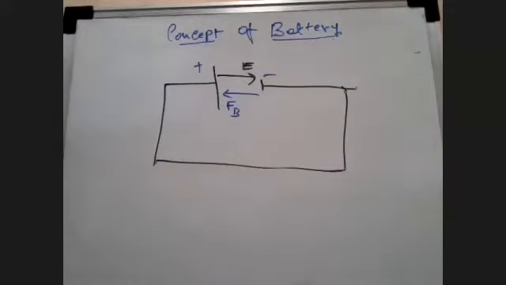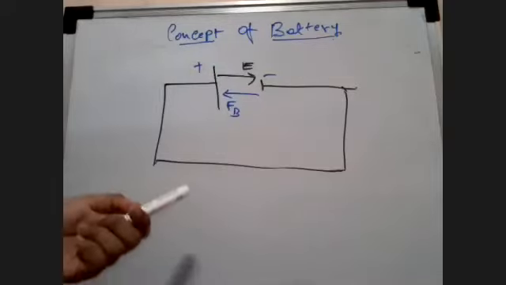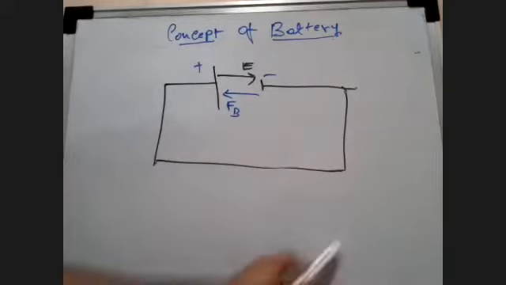Now, once we have connected the battery to the circuit, the positive charges are sent from where? From the positive terminal to the negative terminal. Look here. The same concept I'll be applying in semiconductors also when we study PN junction. So listen to me. As soon as you connect this to a circuit, what is going to happen?